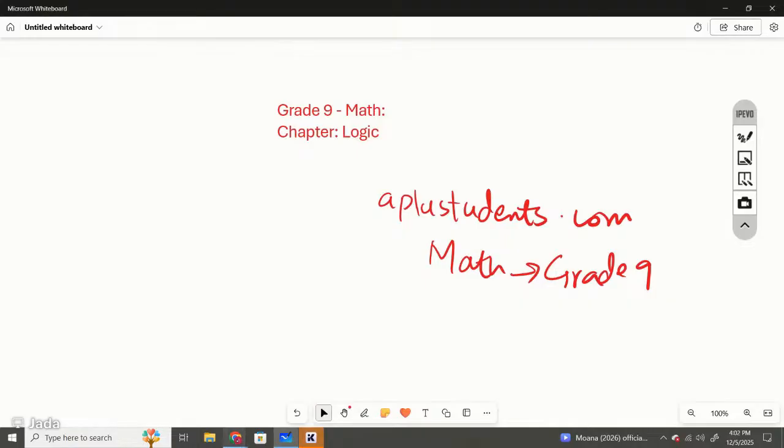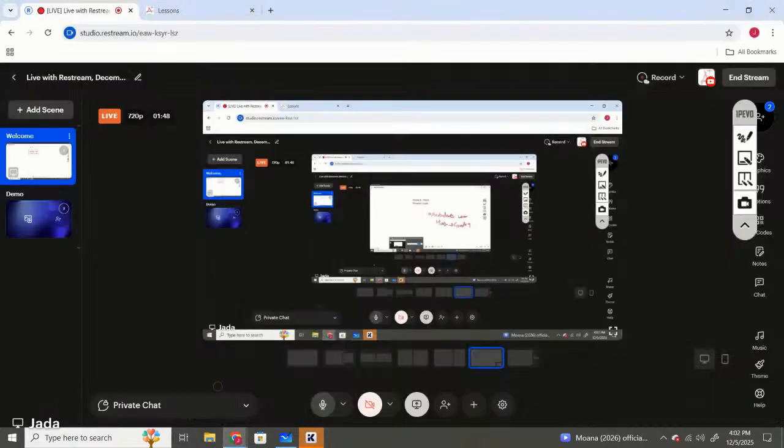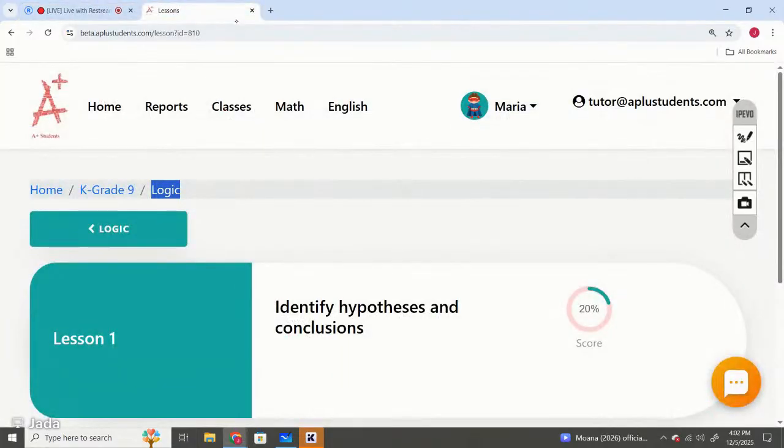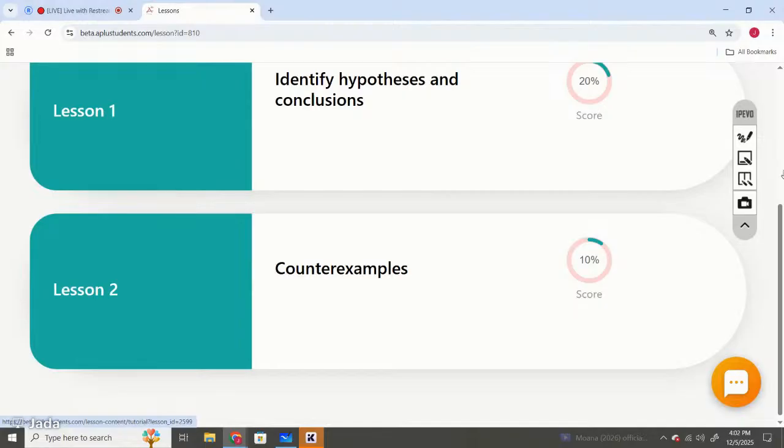Here I am on grade 9 math. The chapter we are on right now is logic. Let's just start with the first lesson, that is identify hypotheses and conclusions.